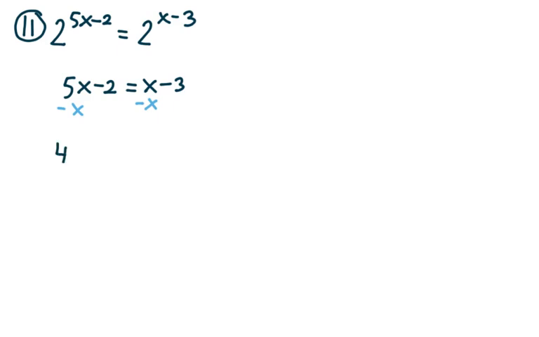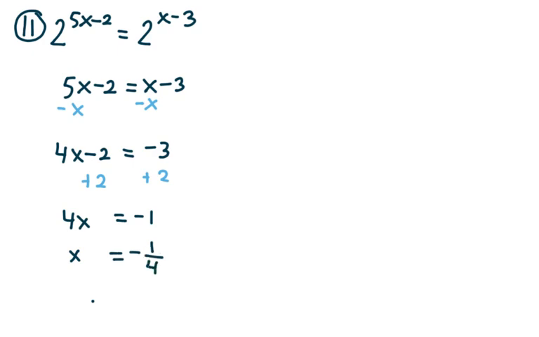When I do that, I get 4x minus 2 equals negative 3. I'm going to add 2 to both sides. And so I get 4x equals negative 1. Solve for x. I get x equals negative 1/4. Boom. That's how we do problem number 11.